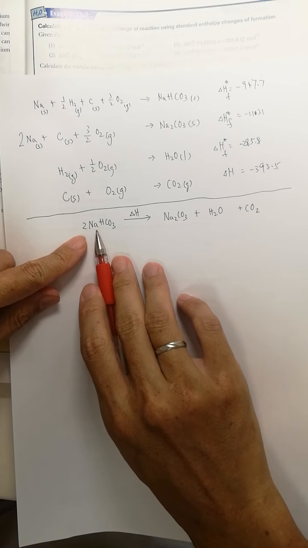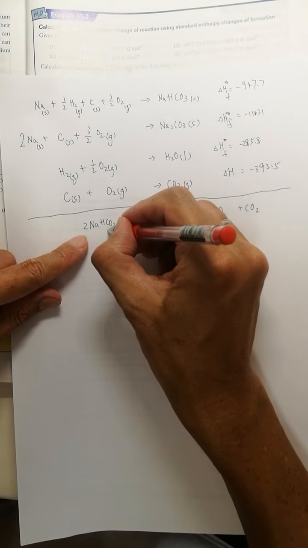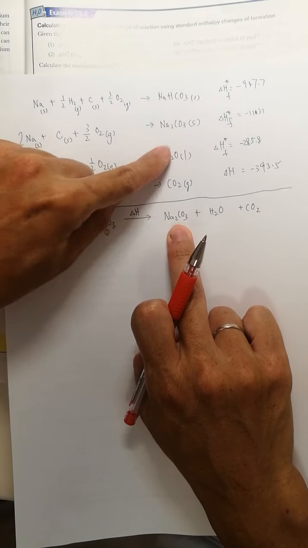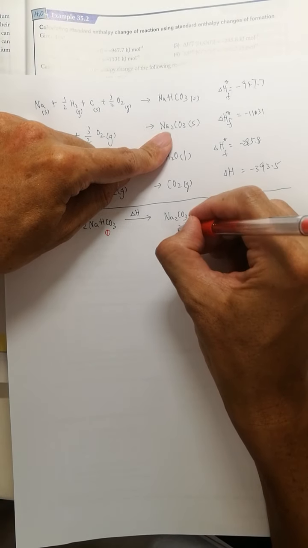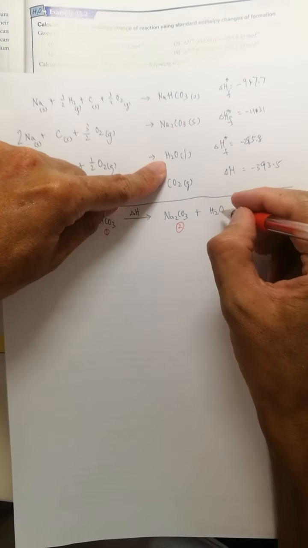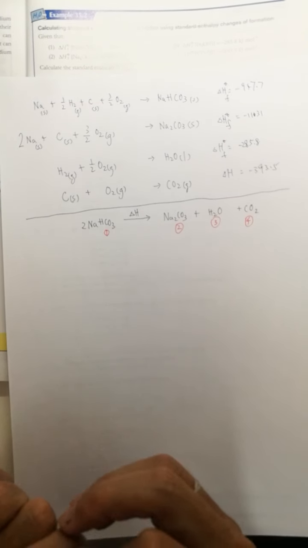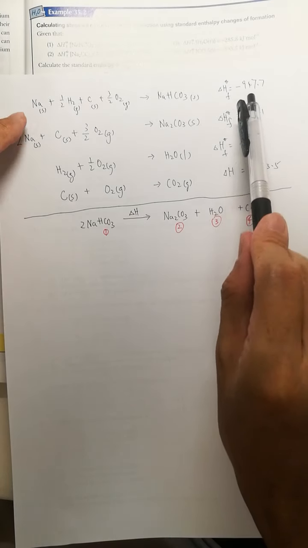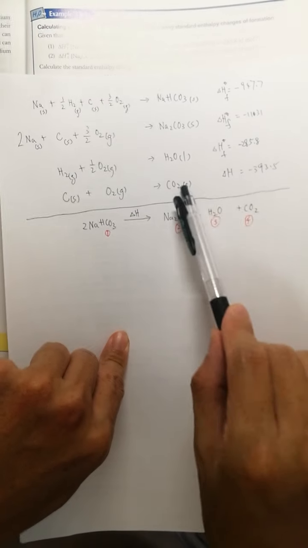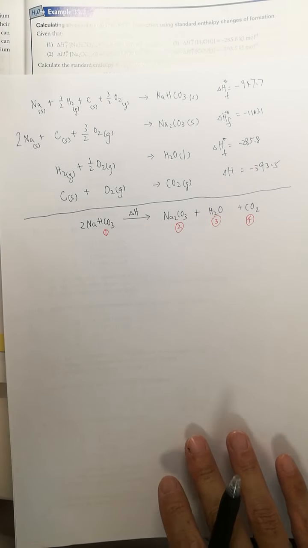I see that sodium hydrogen carbonate only occurs in equation 1, sodium carbonate only in equation 2, water in equation 3, and CO2 in equation 4. So I will add equation 1 on the left hand side, 2, 3, 4 on the right hand side, and then draw an enthalpy cycle.